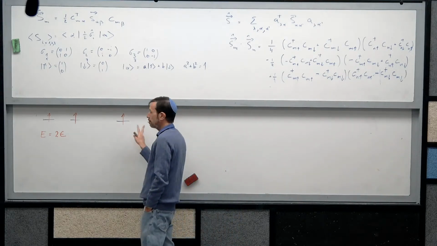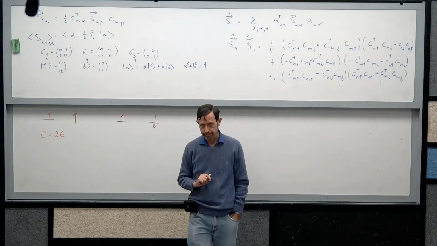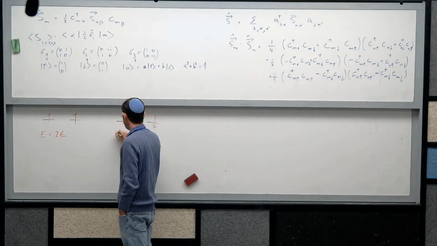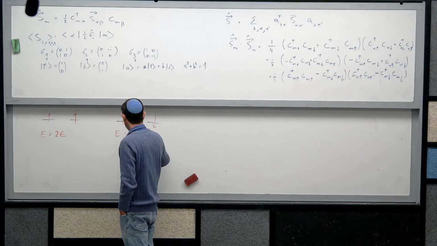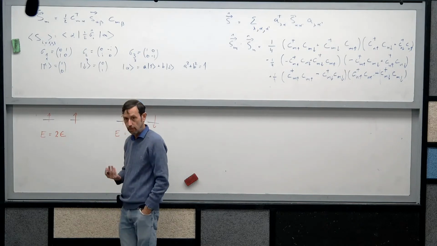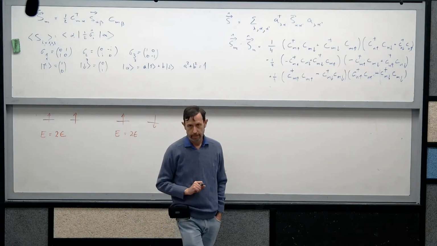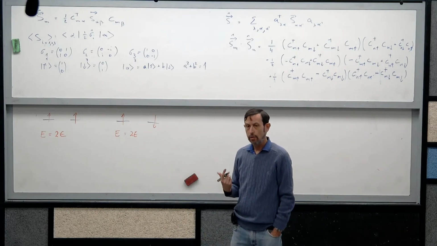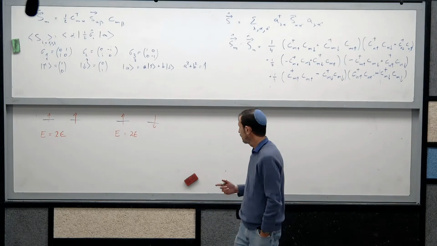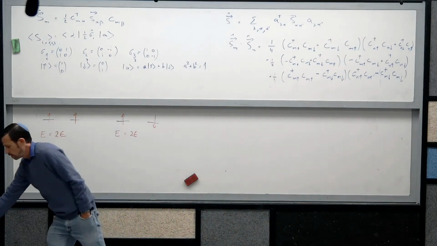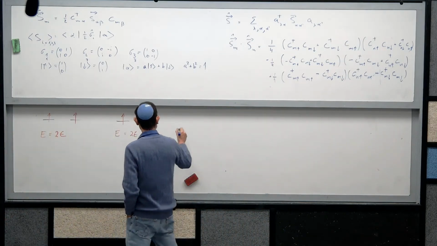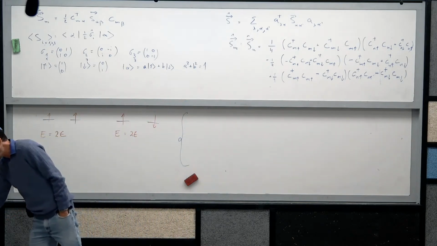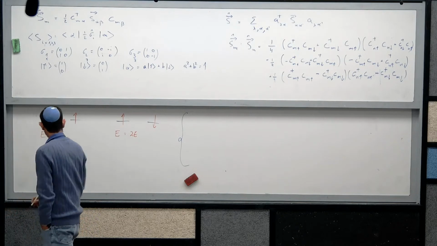Okay, I'm looking at this problem. Well, of course I have 2 electrons, it's still 2E. But here I can already have a whole bunch of states. Why?